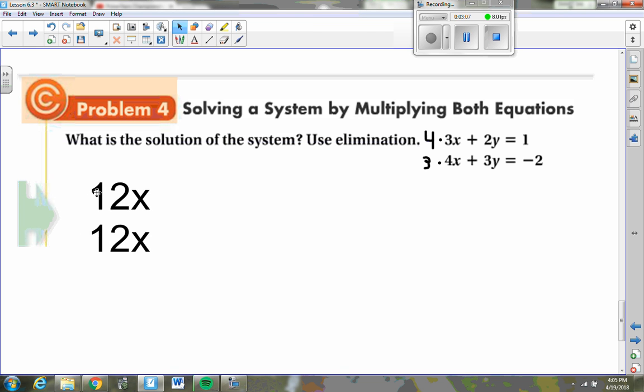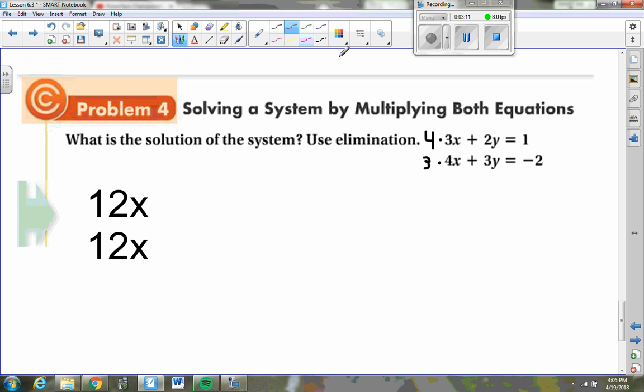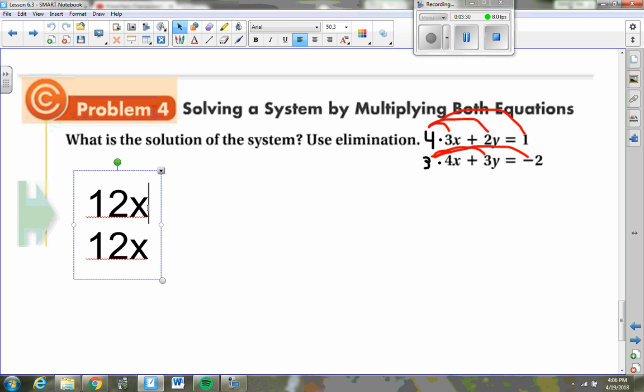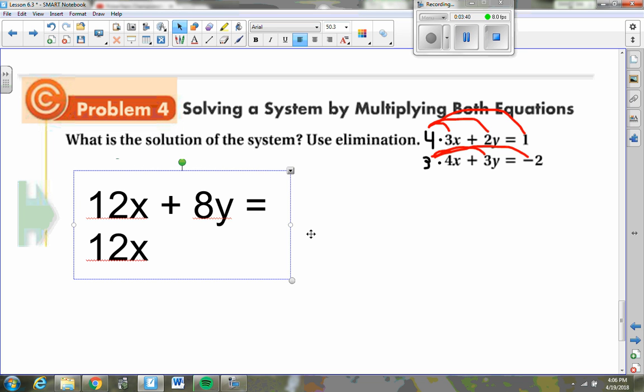So now that I have the x's the same, I do have to remember that the entire equation is supposed to get multiplied by this number, not just the piece I'm trying to eliminate, but everything in that equation has to get multiplied. So I'll have to do 4 times 2y's and 3 times 3y's and 4 times 1 and 3 times negative 2 to finish out my two equations here. So what I end up with in the top equation is 12x plus 8y equals 4.